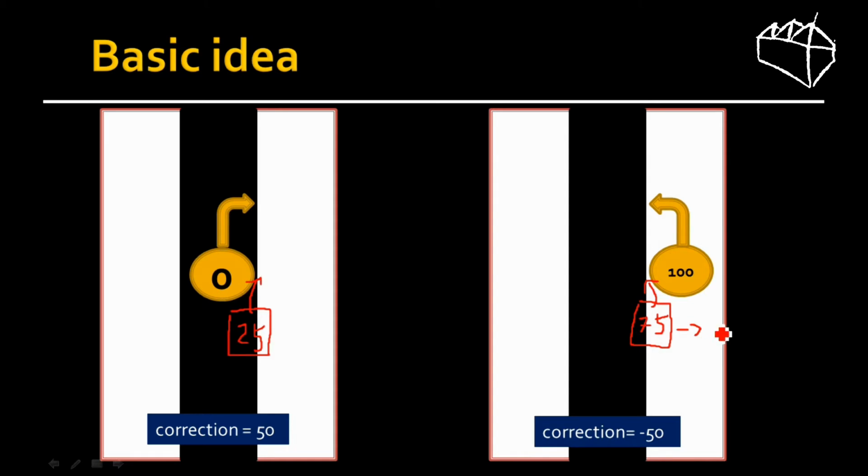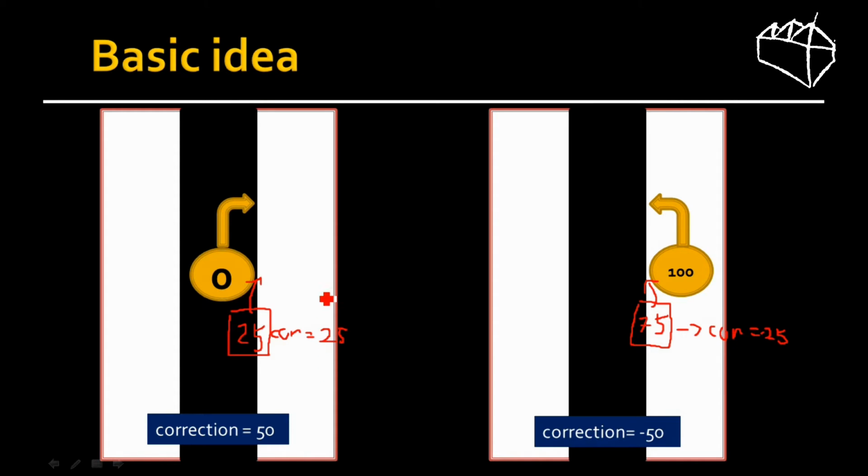So the correction is minus 25. It drives with the value of 25 to the left. Here it drives with the value of 25 to the right. So the correction is 25.